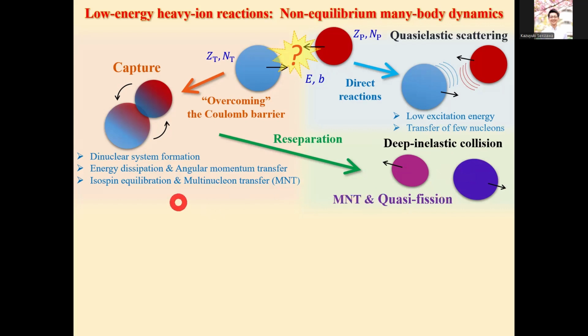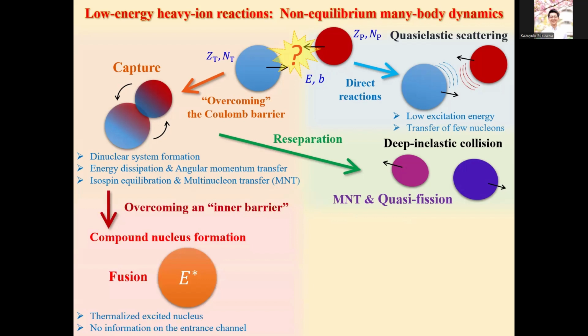Or, since we have many nucleon transfer, it is called a multinucleon transfer reaction or quasi-fission. This is like a fission after the formation of a composite system. So this is the multinucleon transfer and quasi-fission process.